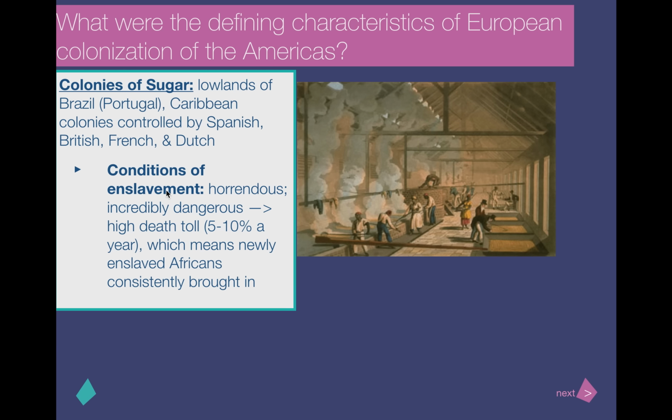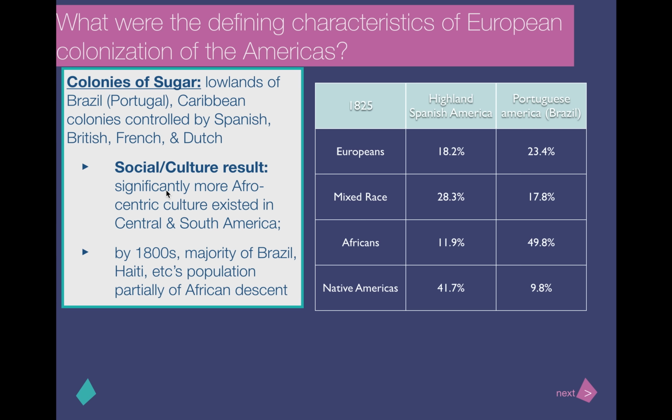As more and more enslaved Africans come, that leads to a far stronger Afrocentric culture in Central and South America, because these enslaved Africans are coming directly from Africa, as opposed to having generational slavery, which we'll talk about in the British colonies, of people born into slavery in the colonies. These are people who are being captured and brought over, so we have a more Afrocentric culture that exists here. In addition, we also see that the percentage of the population of African descent is so much higher in these Portuguese and sugar colonies.